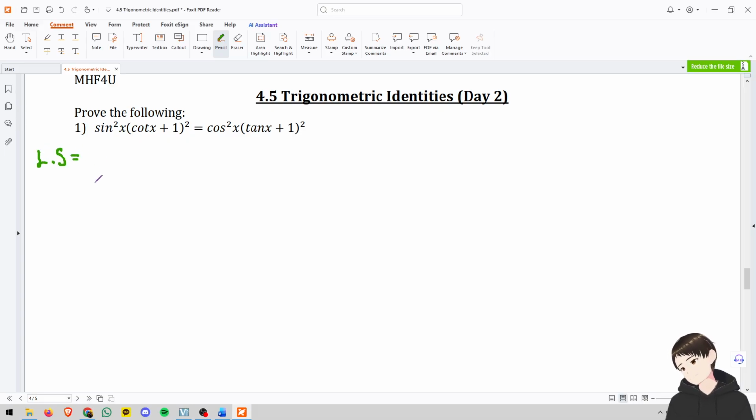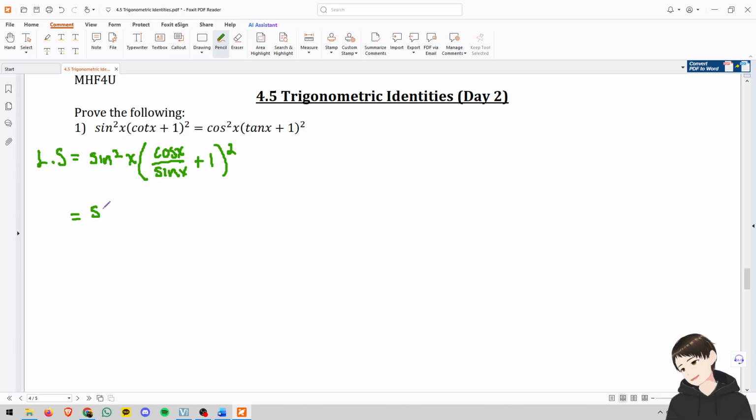Left side, we've got sine squared times (cos x over sine x plus 1) all squared. And since the right side has a cos on top, here's a cos, and that's going to be squared. I feel like I'm going to have to expand this a little bit, or turn this into a single fraction, and see what I get.